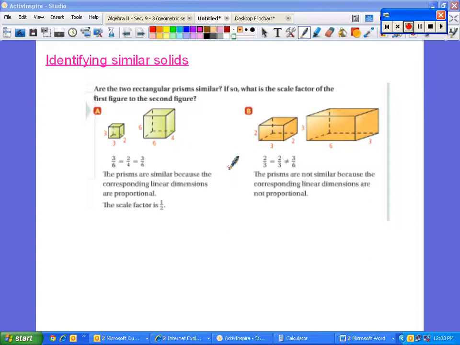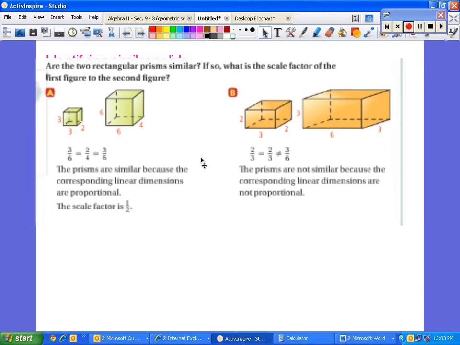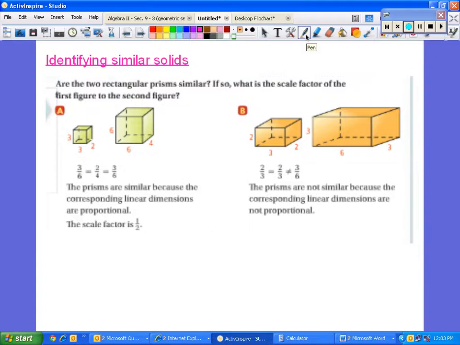So if you take a look at this one here, and I'll make it bigger if I can. This is about as big as I can make it. So you can see, if I take this side here, I'm going to compare it to this side here.